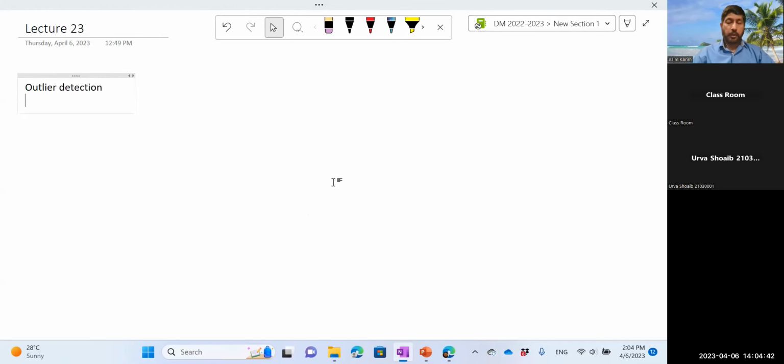So we were talking about outlier detection, and we had talked about what is known as distance-based outliers. This was a global approach for finding outliers, and it required two parameters. One was the radius parameter R, and the other was pi, which is a fraction of objects that lie beyond this radius of an object. These two parameters are global parameters. They are defined for the entire data set.